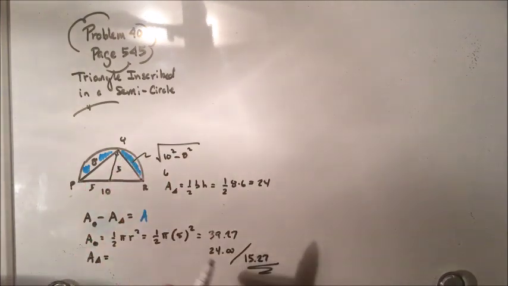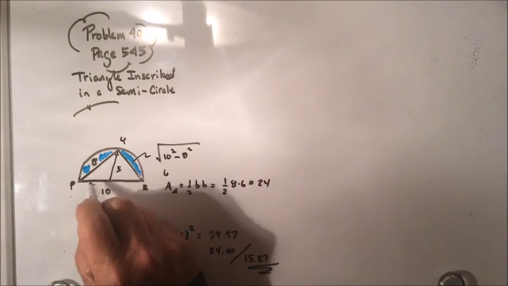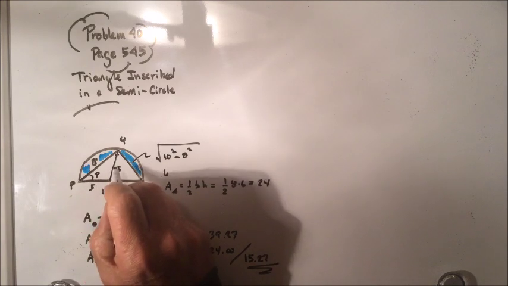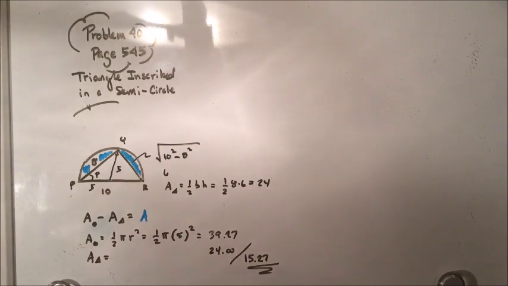We happen to know all the sides, and that's a good thing. It's also an isosceles triangle, so this angle, let's call this angle P, is this angle as well. I don't think we care about that, but we do care about angle P, and I'll show you why.